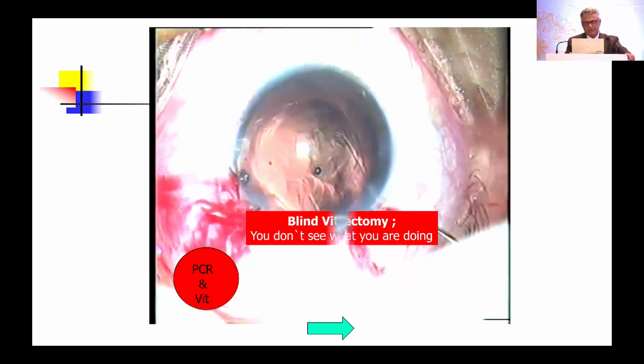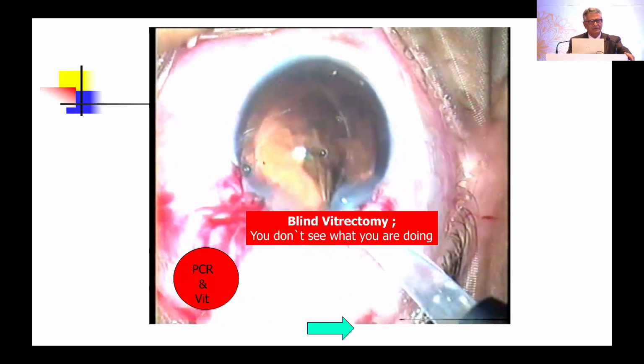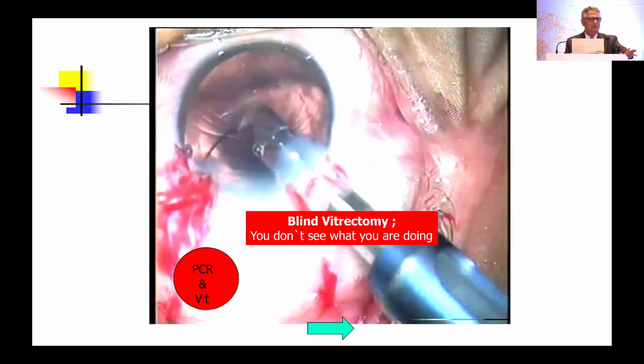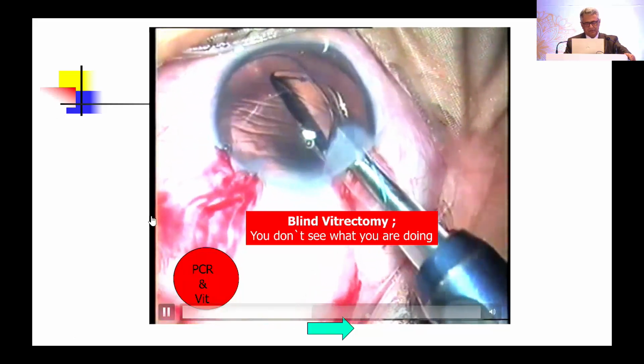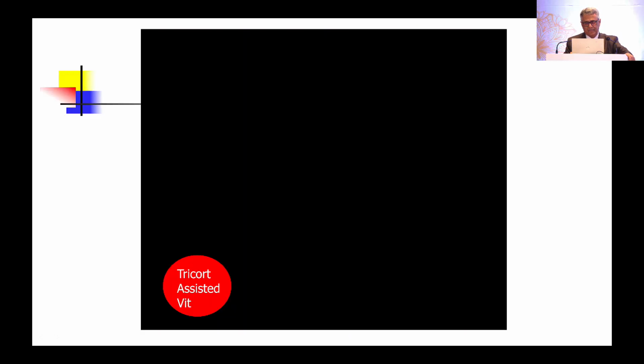So this is what we call a blind vitrectomy. You don't see what you are doing, and you're doing a blind vitrectomy and consoling yourself, done, and you put a lens inside. Believe me, this eye is doomed for GRT or whatever for lifelong, and you have to keep it under follow-up. So that is the curse of PCR.